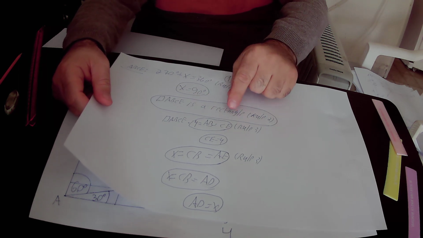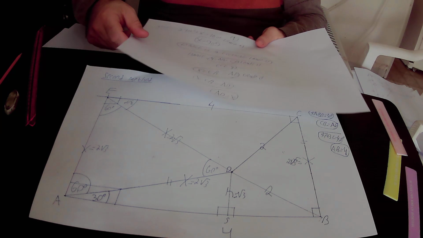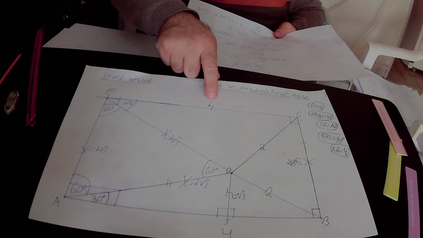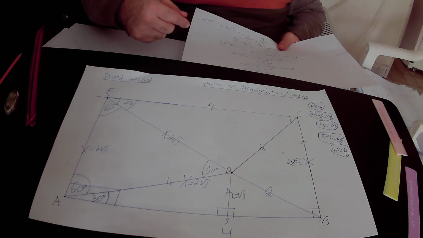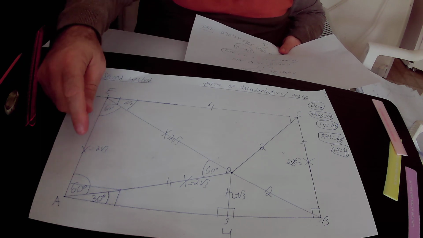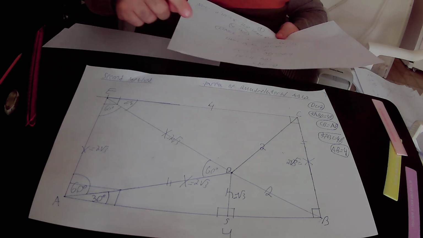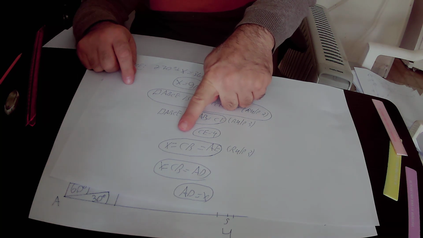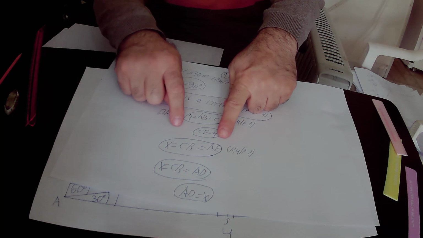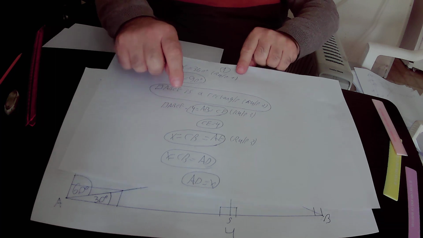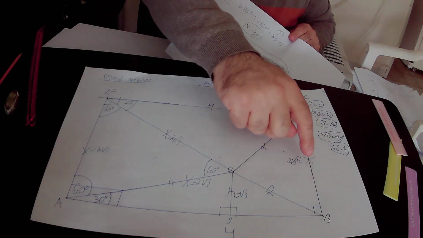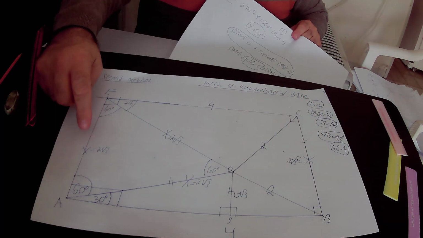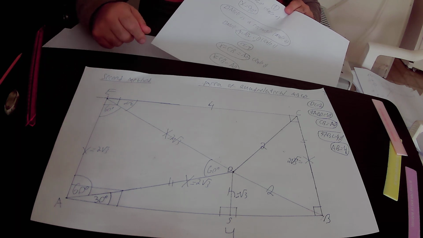From this equation we derive that CE also equals 4 units. Likewise, according to rule number 3, AE equals CB, and if we define CB as X, then AE also equals X. So CB equals X and EA also equals X.